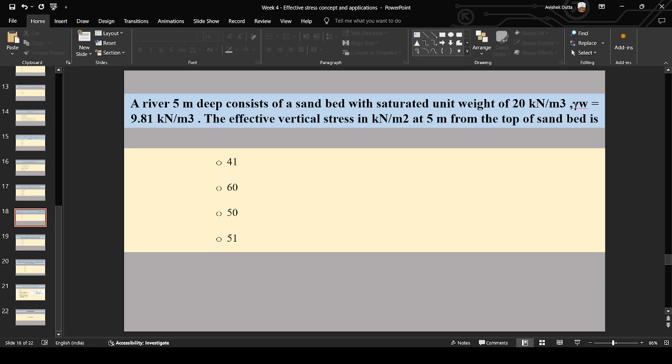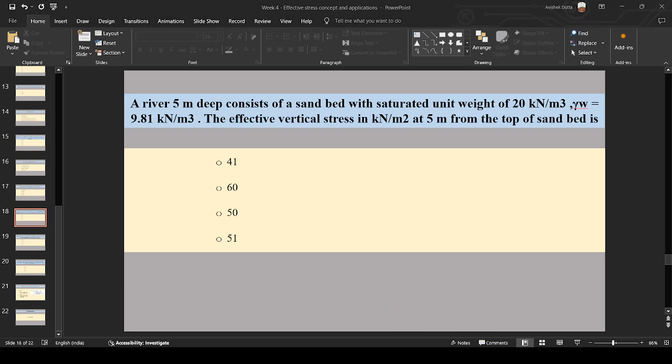Now, the effective vertical stress in kilonewton per meter square at 5 meter from the top of sand bed is. The options are 41, 60, 50, or 51. All the units are in kilonewton per meter square.